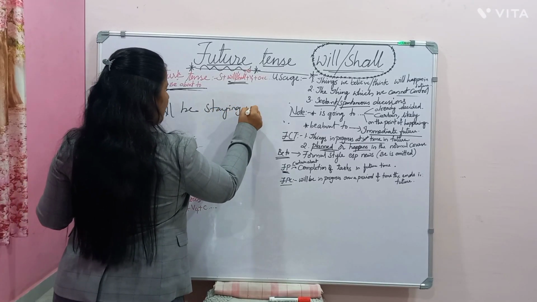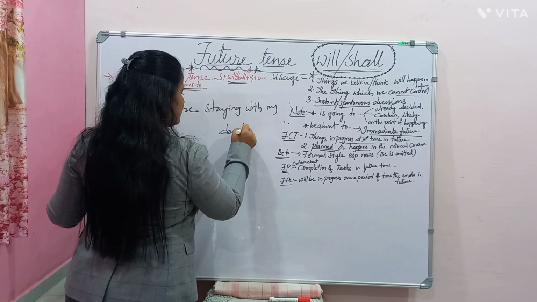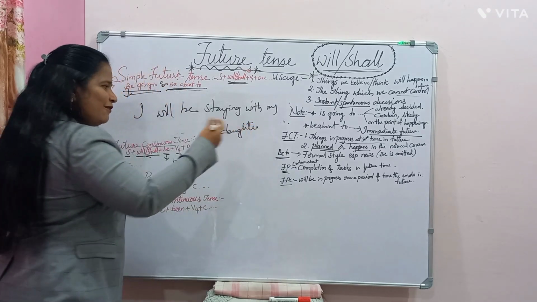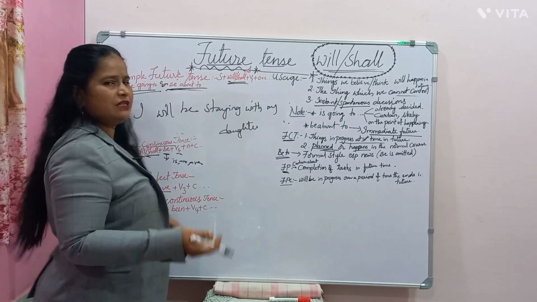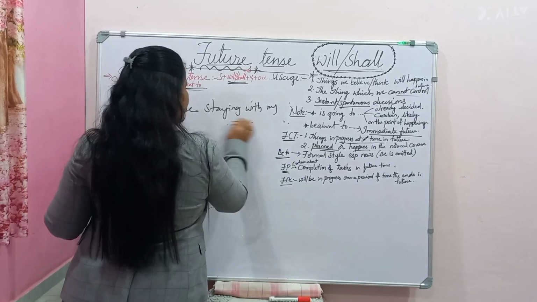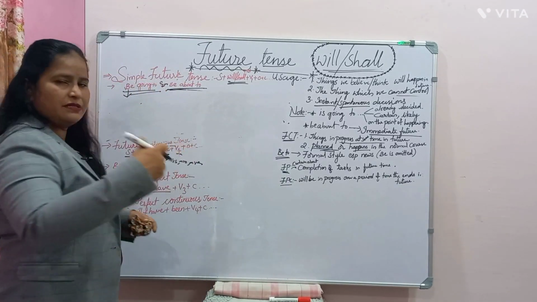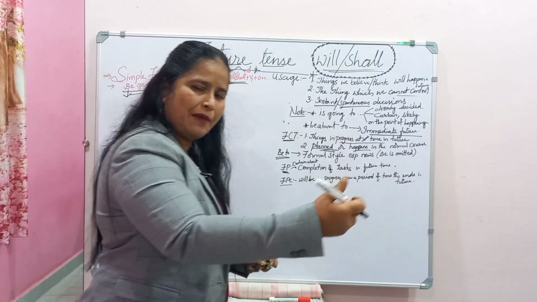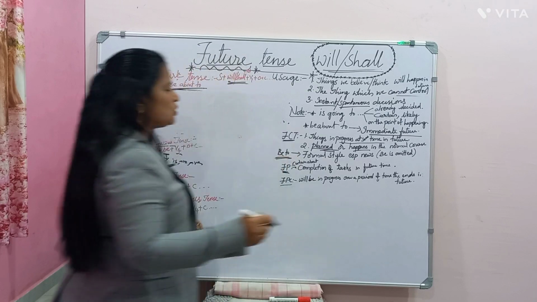Or else vice versa, they will be visiting my place, they will be staying in my house. So likewise, these are the future plans which we have planned at a certain time, which are going to happen and which we have already planned. So certain plans we can say in this form also.